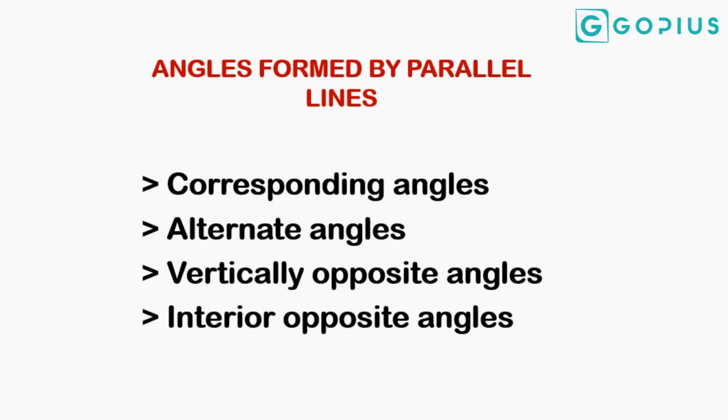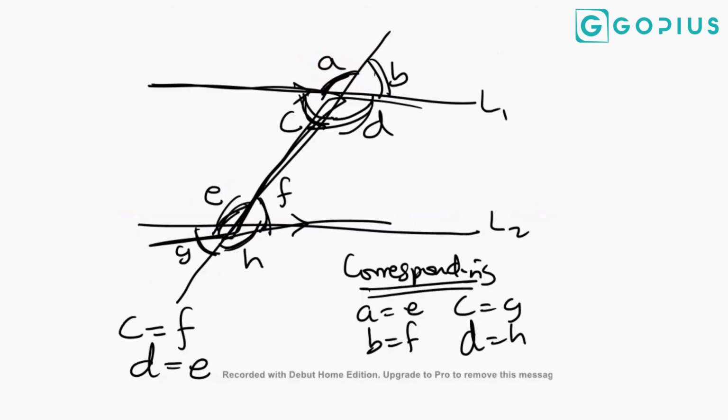All right, to wrap it up, vertically opposite angles are equal. In mathematics, that's the third one. Now if you look at this diagram I drew earlier, A is vertically opposite to D. Vertically means what is directly opposite the other one.